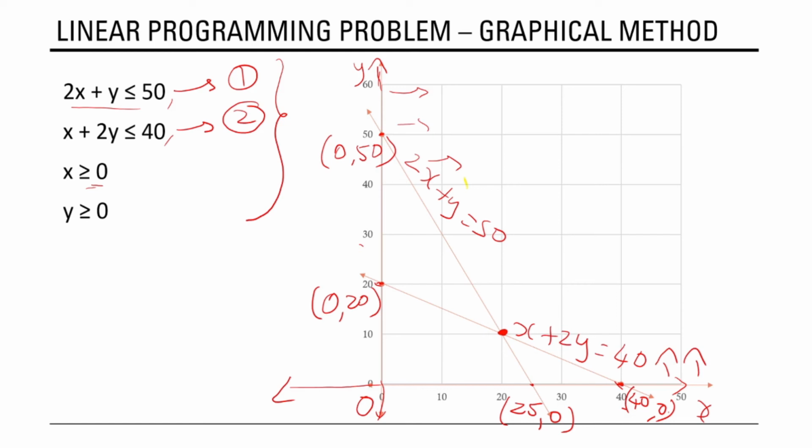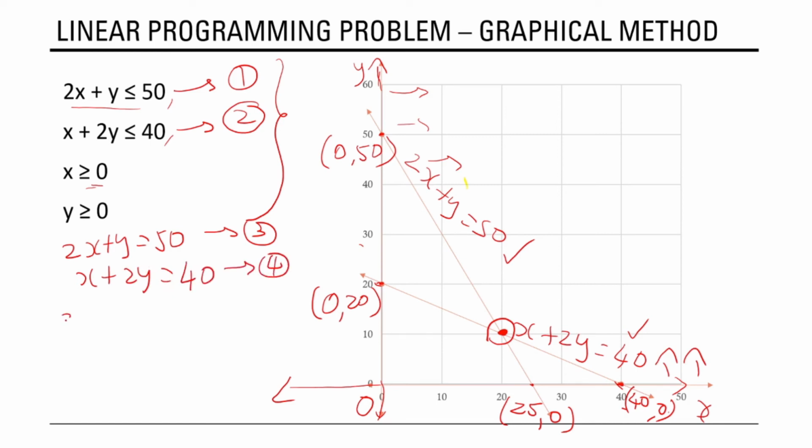If we want to find this point, we can find it by solving these two equations. So I am writing it here: 2x plus y is equal to 50 and x plus 2y is equal to 40, as equations 3 and 4. Equation 3 into 2 gives 4x plus 2y equal to 100, and equation 4 is x plus 2y equal to 40.